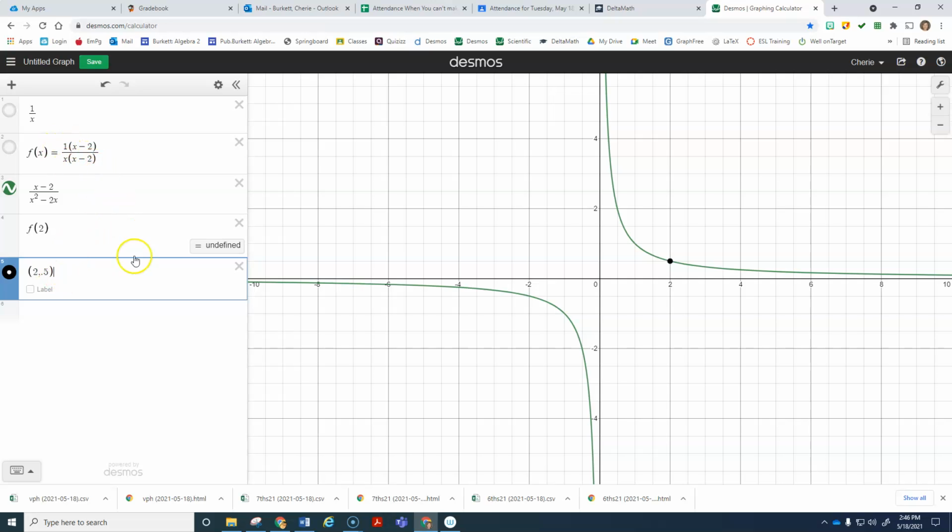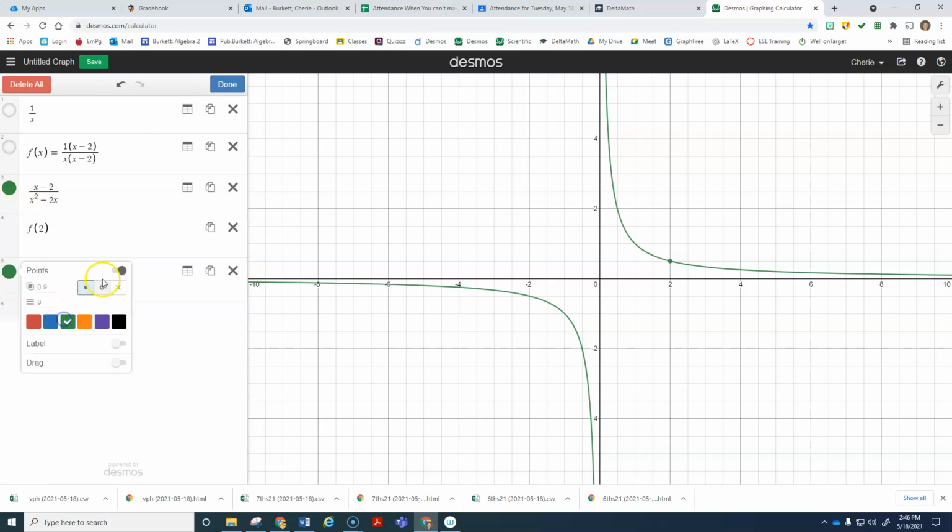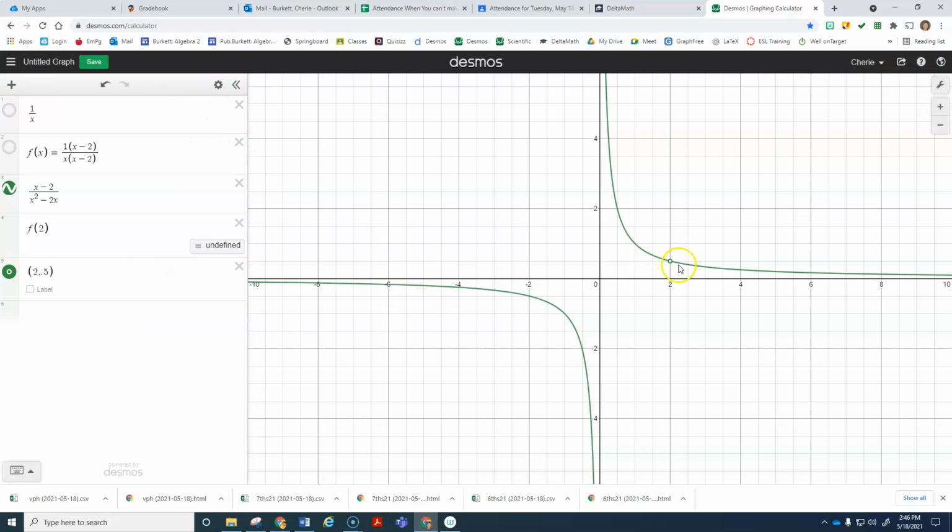The y value when you plug in the 2 on that graph is the location of the hole on your green graph. So I would simply come over here, make it green, make it an open hole, and then it would stay that way.